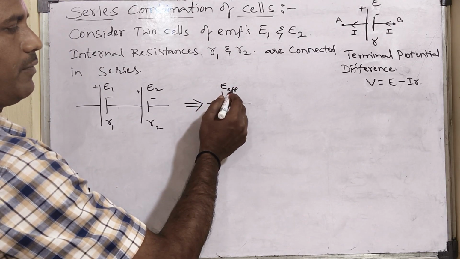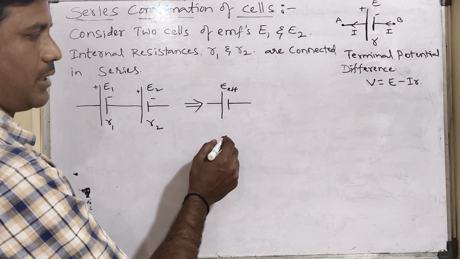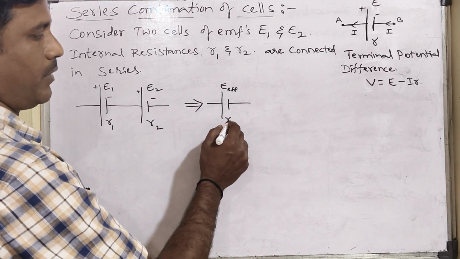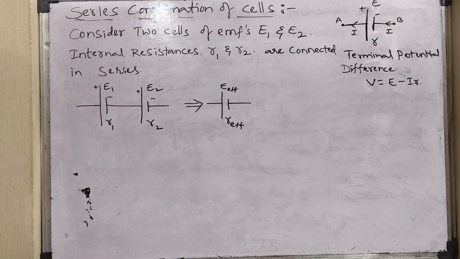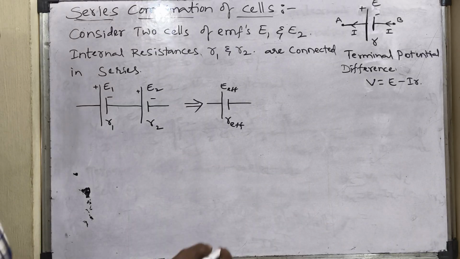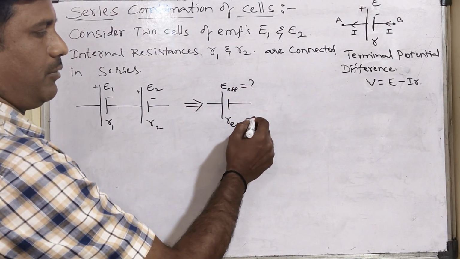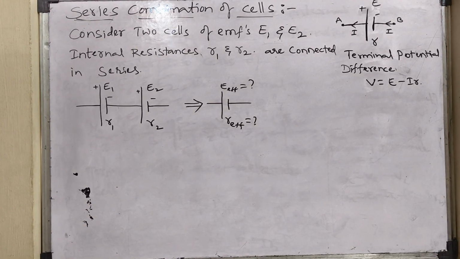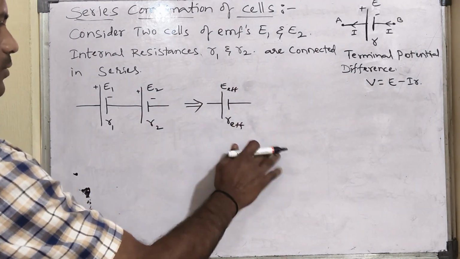E means EMF. Effective means total, net or resultant. Same for R effective. In the series combination of cells, we want to calculate the effective EMF value and the effective internal resistance value.